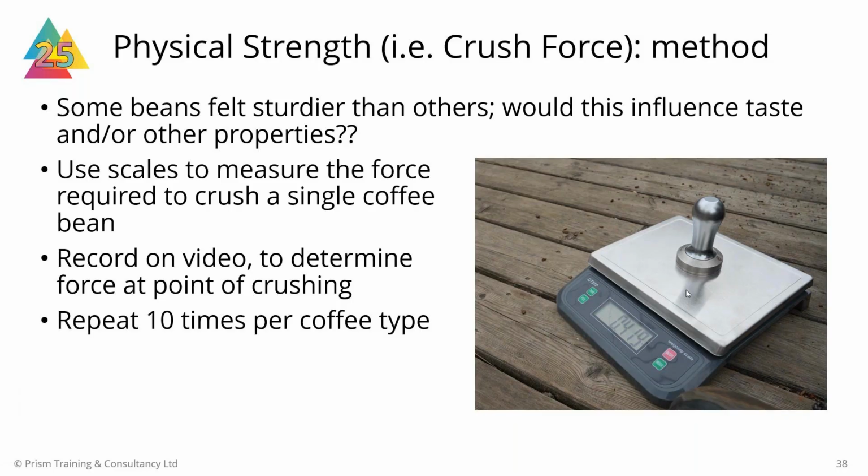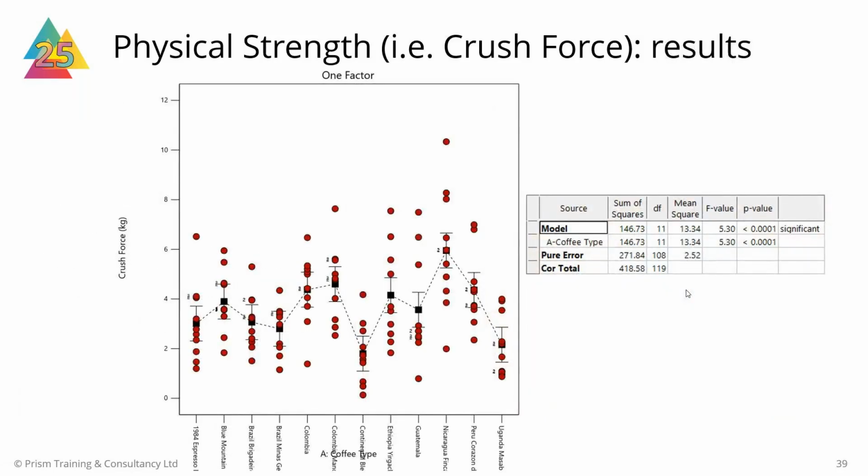Because this is obviously a very imprecise variable test that I'm doing, I thought I'd better do this lots of times. So I did it 10 times per coffee type. And I was actually quite surprised to see that despite the obvious variability within each coffee bean, the averages were statistically significantly different as you go from one type of coffee to another. So I was quite surprised at that.